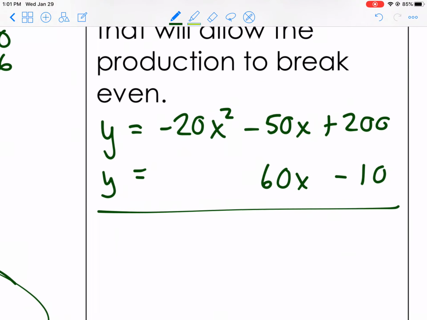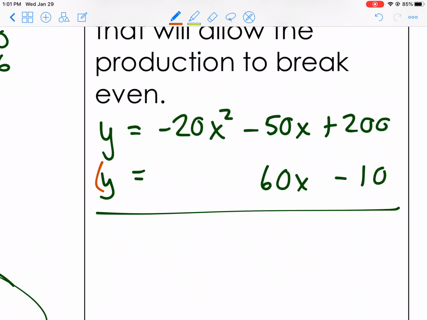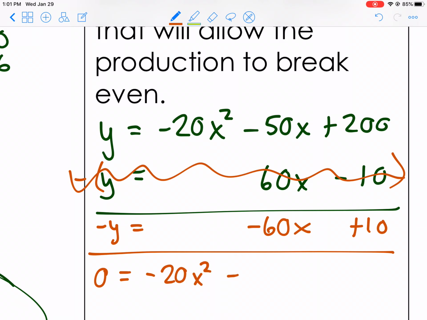Okay, if I multiply this second equation by negative 1, then I'll have negative y equals negative 60x plus 10. And now if I add these two equations together, the top and the bottom, the y's go away, and I have 0 equals negative 20x squared minus 110x plus 210.